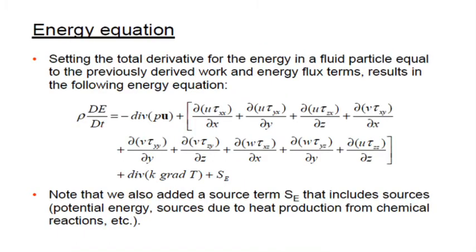Next we are going to write the whole equation in the same manner. Setting the total derivative for the energy in a fluid particle equal to the previously derived work and energy flux terms results in the following energy equation: rho dE by dt is equal to minus divergence of Pu plus dou u tau xx by dou x plus dou u tau yx by dou y plus dou u tau zx by dou z, plus you have to write for yy and zz, plus div k gradient T plus SE.